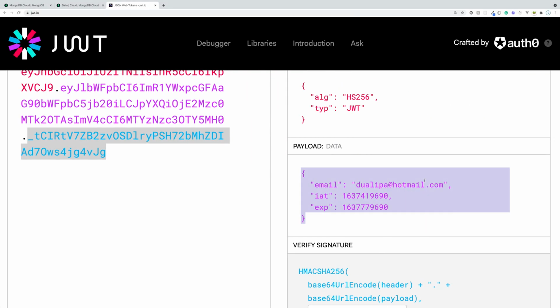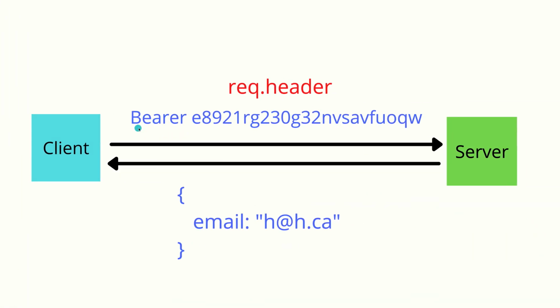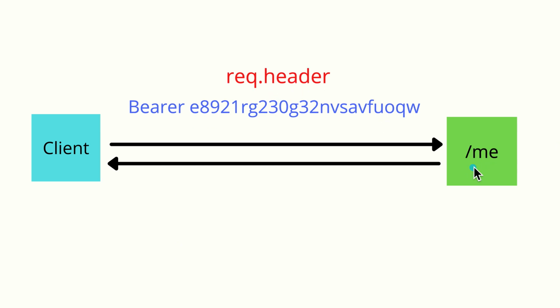And the common convention for sending our token is going to be bearer, space, and then our token. This doesn't really do anything special. It's just a very common convention of sending tokens from client to servers. And that is exactly what we're going to be doing. And so for every single route that we hit, we're going to be sending this token inside of our request header. So for example, we're going to have a me route that is going to identify who we are.